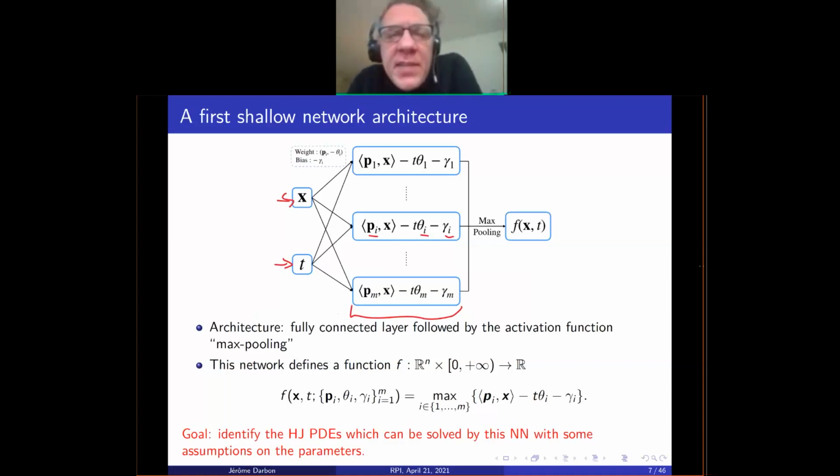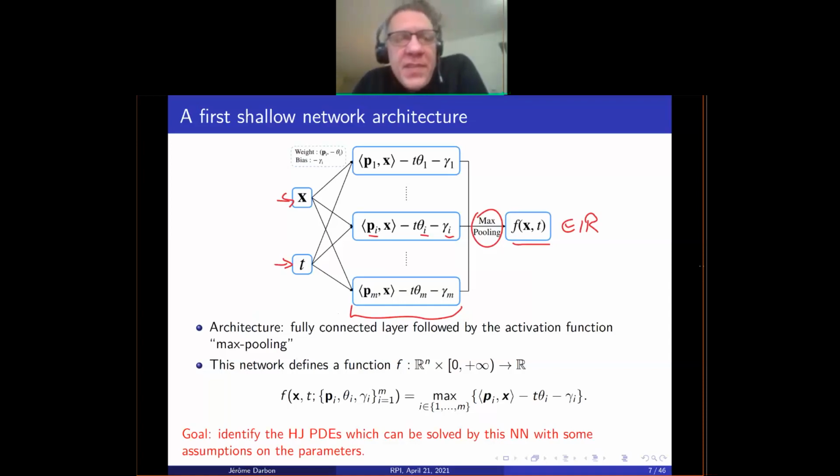So this is classically what a neuron does. It computes an affine combination of the inputs and produces a result, and then we combine the results of all these neurons using a pointwise maximum, and that defines the output of the neural network that I'm going to denote by f evaluated at the input (x,t), and that is a real number.